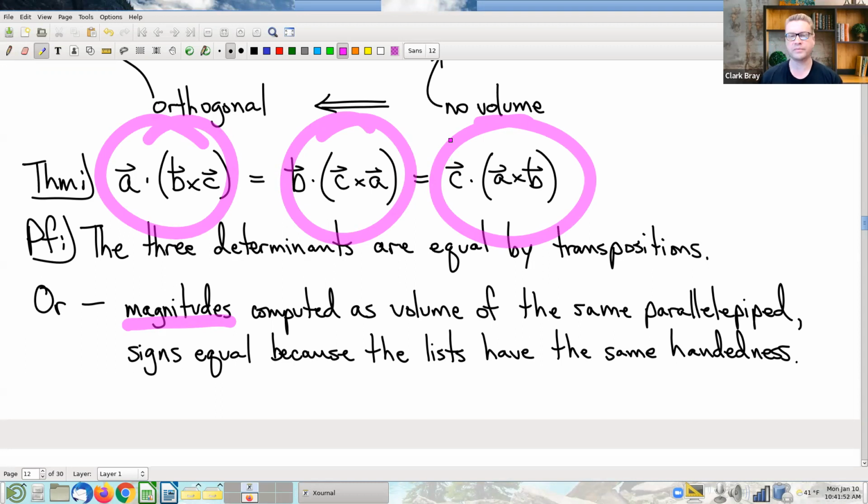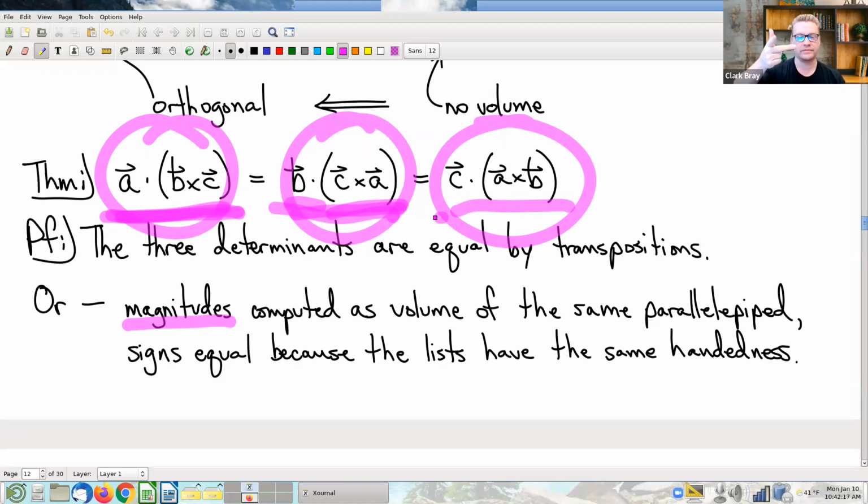Magnitudes of determinants are volumes. Well, here we have the volume of the parallelepiped whose edges are A, B, and C. And then here we have the volume of the parallelepiped whose edges are A, B, and C, right? And likewise here, it's the exact same parallelepiped 3 times.